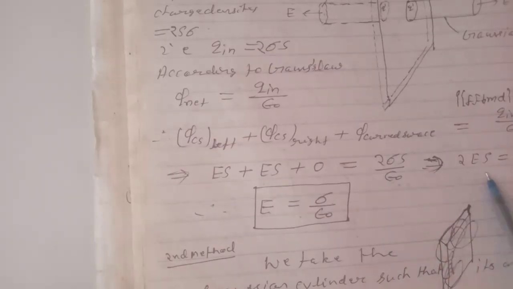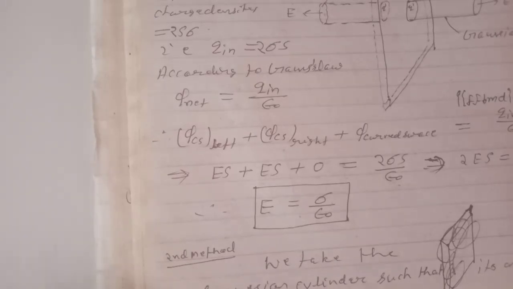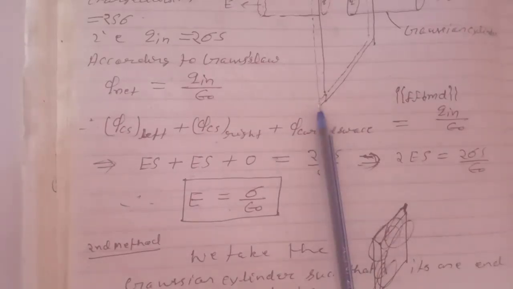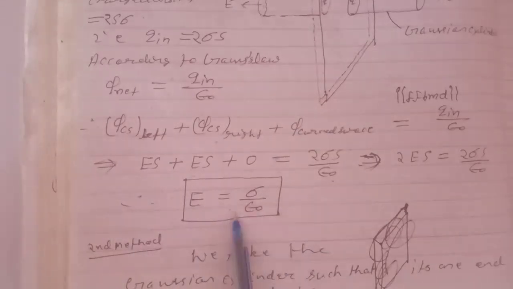This implies 2 ES equals 2 sigma S by epsilon naught, hence E will be sigma by epsilon naught. So for a plane sheet of charge, the electric field is sigma by 2 epsilon naught, and for a plane sheet of conductor, the electric field equals sigma by epsilon naught.